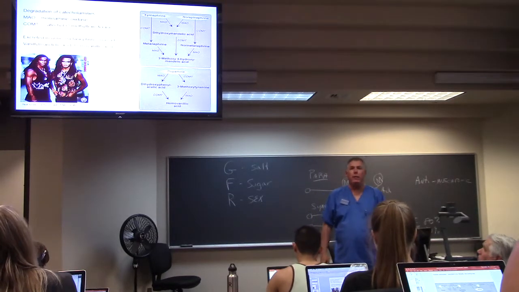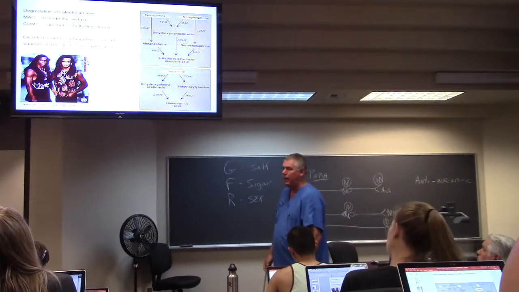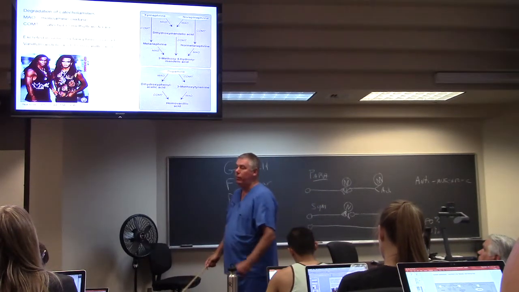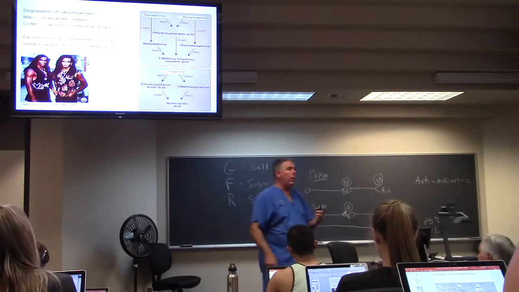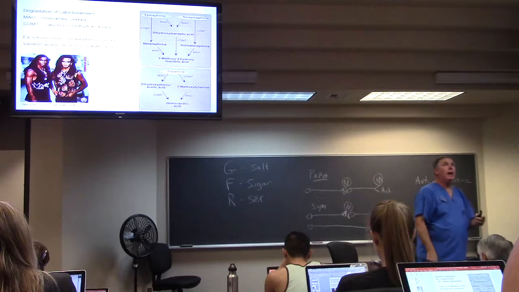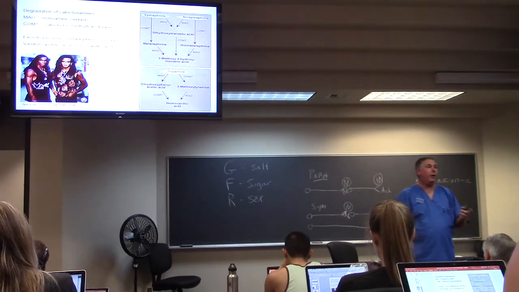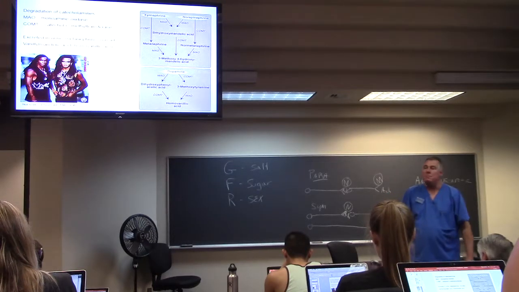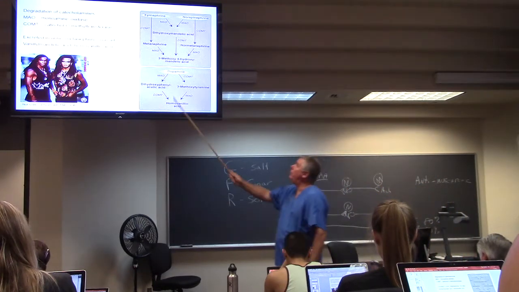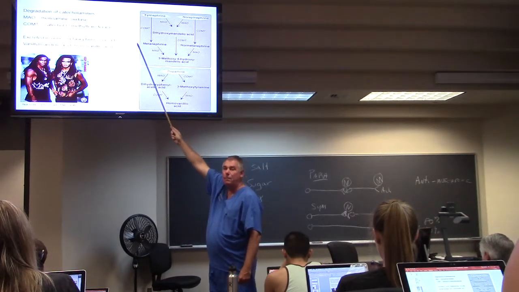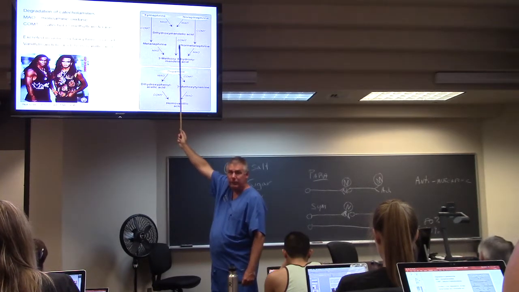Now, how do you get rid of adrenaline in the body? There are two enzymes that break down norepinephrine and epinephrine. That's monoamine oxidase and COMT, catechol-O-methyltransferase. These things bring epinephrine and norepinephrine down into metanephrines and normetanephrines.